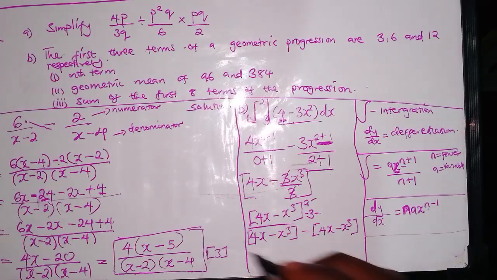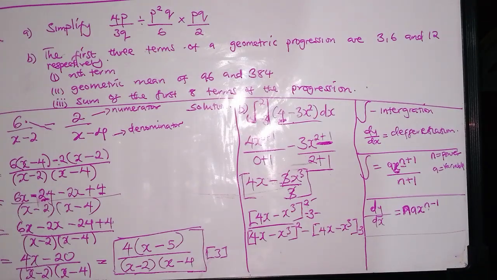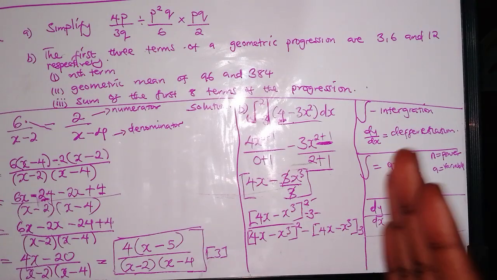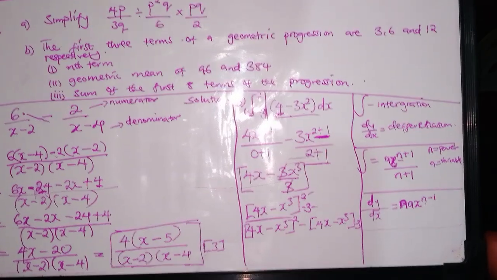Here we are using the upper limit, and here we are using the lower limit. Once you reach here, your question is already done. Just replace where there is x, you put 2, and on this side where there is x, you put -3, then you solve. So let's see, solve.